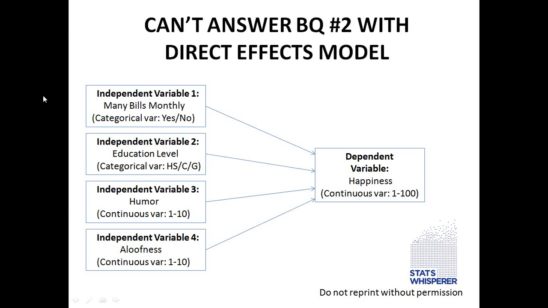And then down here, the third independent variable, humor, how does that relate to happiness? That's a direct effect. But you can't see how the people with no bills and high humor in this model, you can't see their level of happiness, right? So that's why you need interaction effects.